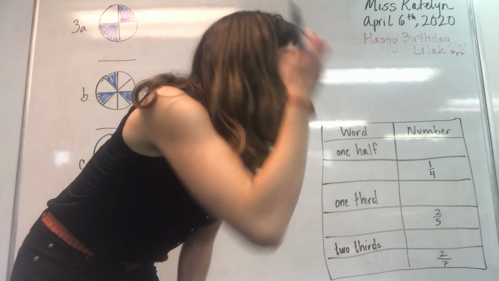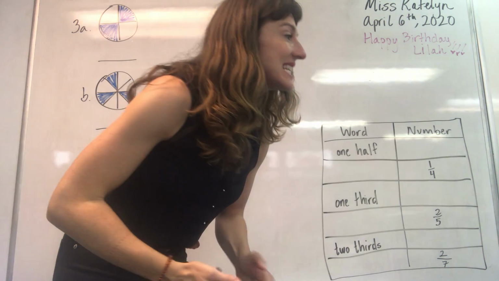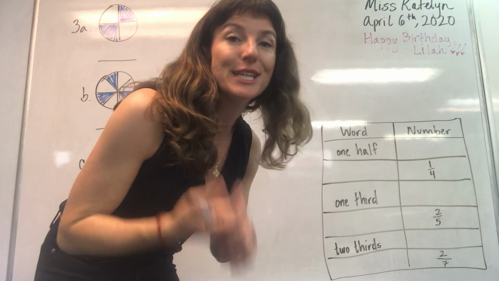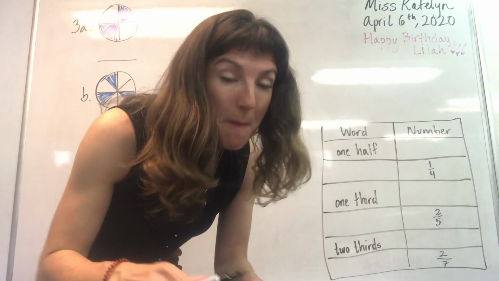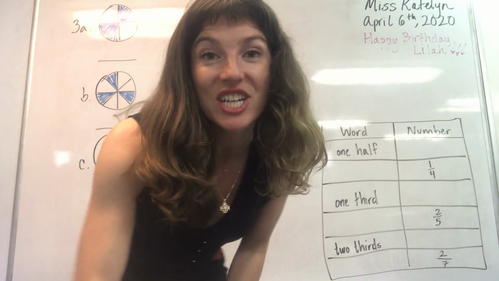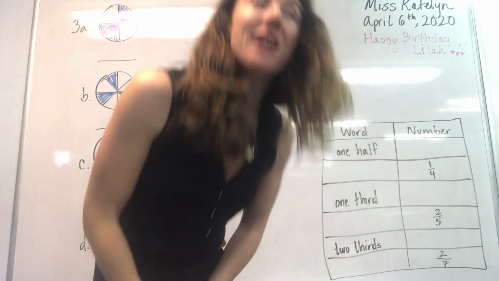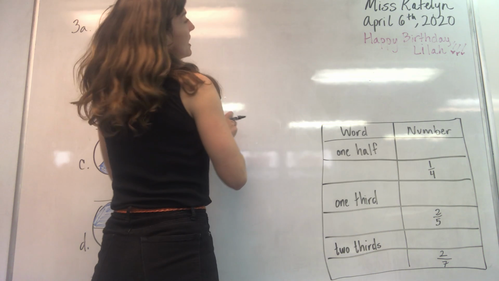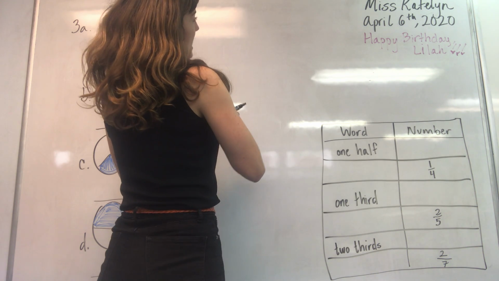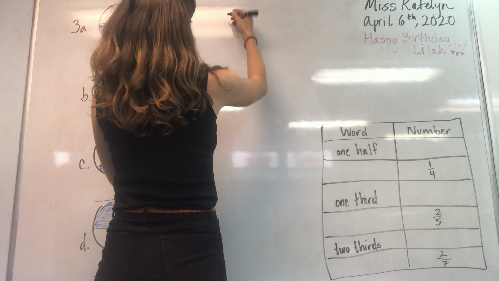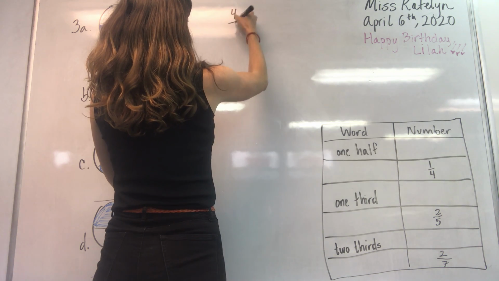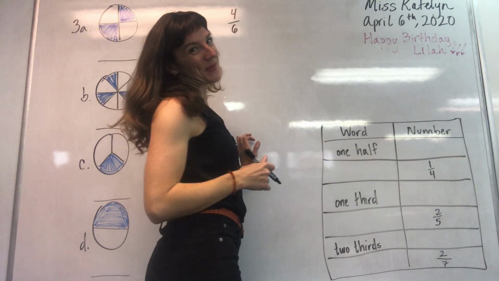Okay, section 3 says tell what fractional part is blue. So remember, a fraction has 3 parts and each part has its own name. All right, so let's just do this. We'll say 4/6 for Lila's birthday.